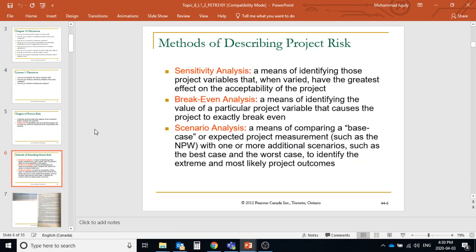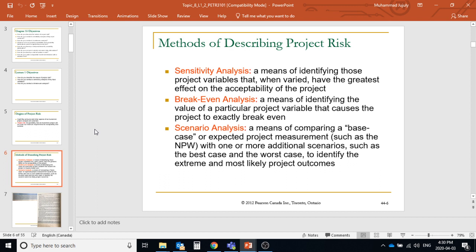So what is sensitivity? Sensitivity analysis means identifying those project variables and varying them, since each particular parameter has an effect on the project. From the sensitivity analysis you can find out which parameter has the greatest effect on the acceptability of the project.